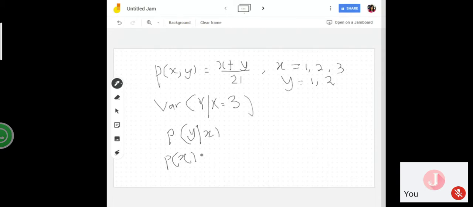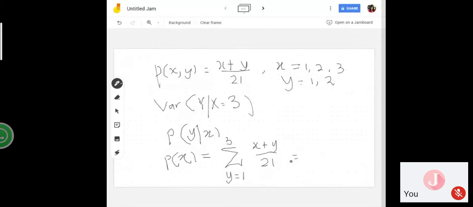So macam mana nak cari Px? Summation Pxy, which is x plus y over 21. You have to sum up at all values of apa? Y. Y from 1 to 3. So what's the answer?